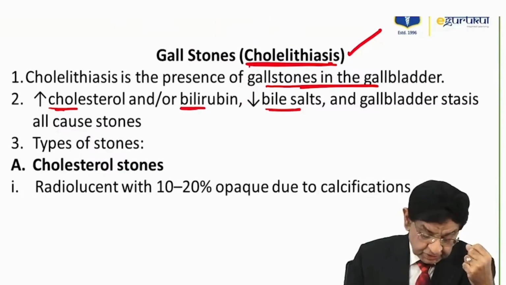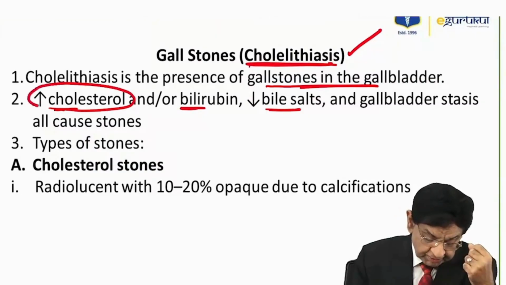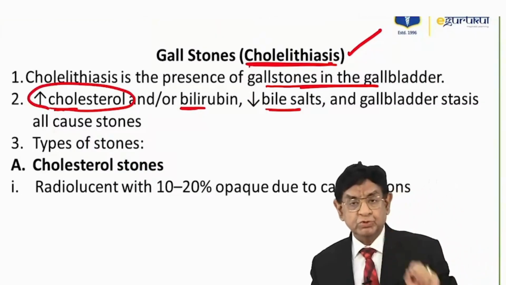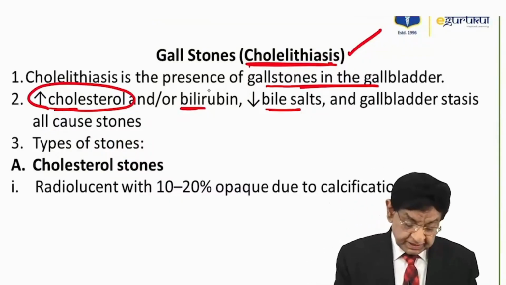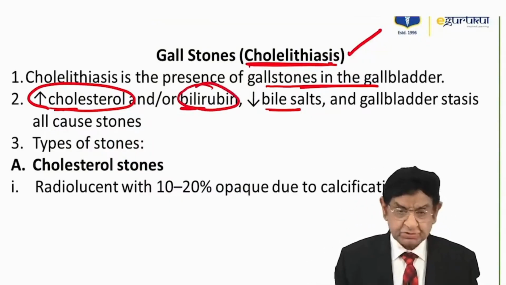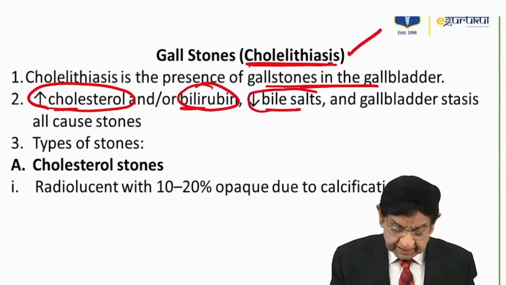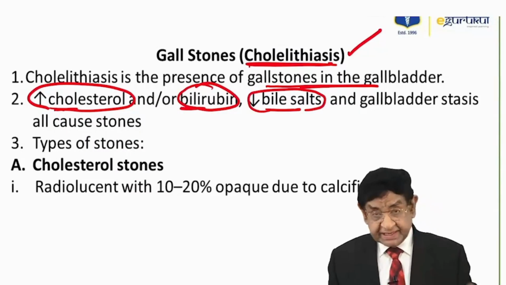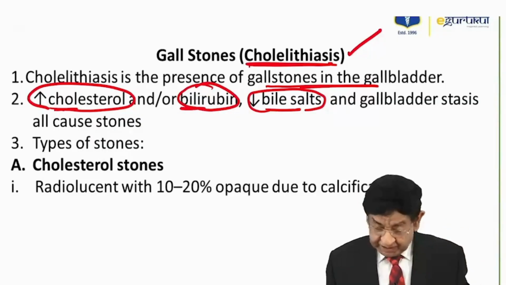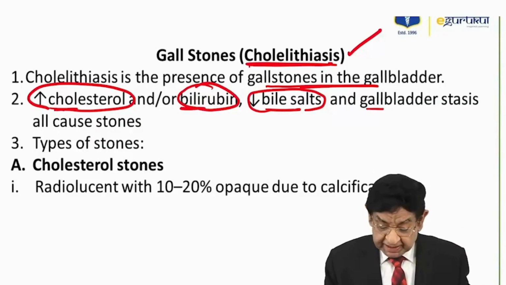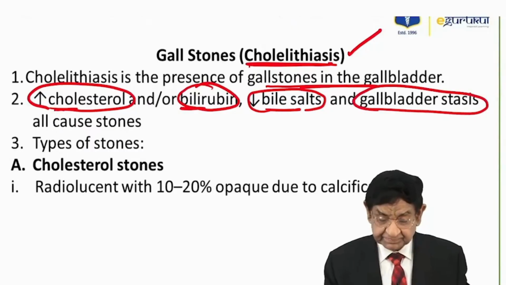So increased cholesterol predisposes to stones. Increased bilirubin also predisposes to stones. Decreased bile salt predisposes too, and so does gallbladder stasis.